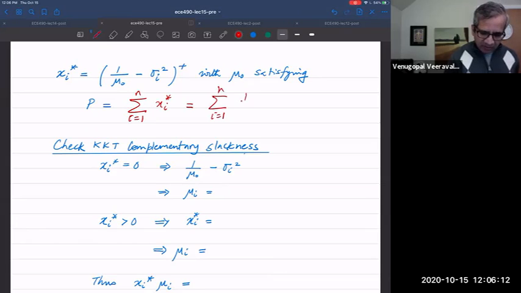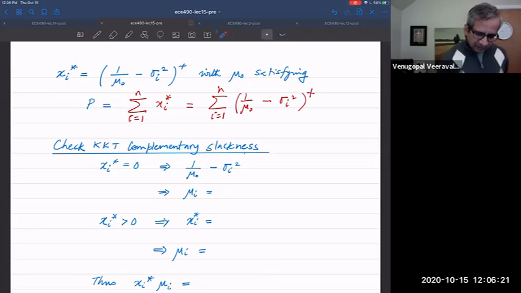So the way I would solve this problem for x star is first, given the sigma i's, I need to find a value of mu 0 such that when I sum up these quantities, I get P. And that'll give me the value of mu 0. So what I essentially do is keep increasing 1 over mu 0 until I hit the level P for the sum.